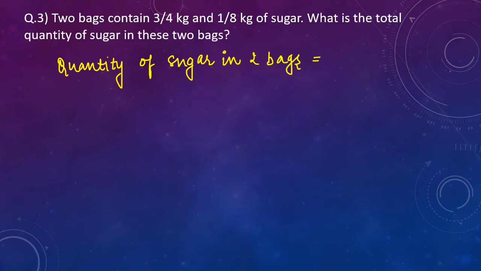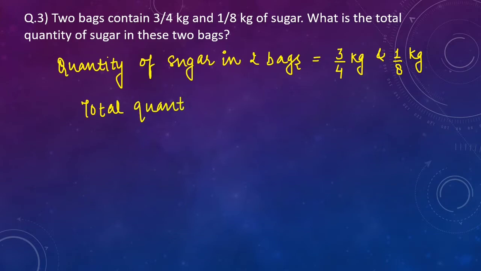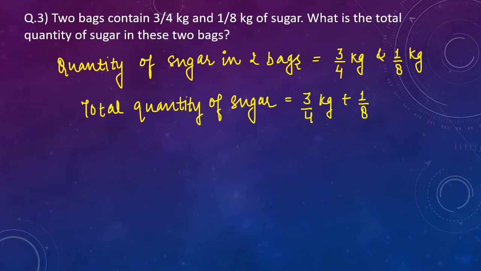It is equals to 3 by 4 kg and 1 by 8 kg. So total quantity of sugar will be equals to the sum of these two quantities. So 3 by 4 kg plus 1 by 8 kg.